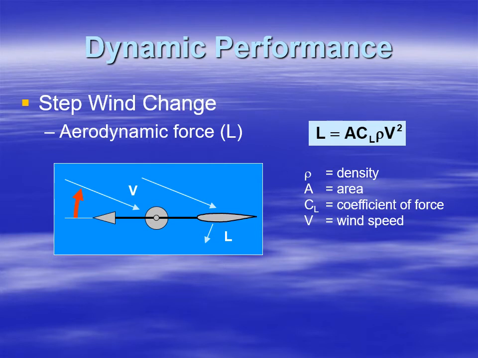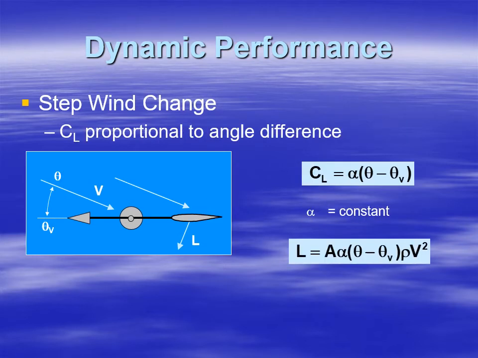And the coefficient of lift depends upon the angle between the airfoil and the wind. In aviation, we call this the angle of attack. Here we're just going to denote it as theta minus theta v. It's an angle between the wind and the direction that the airfoil is pointing, or the chord of the airfoil.